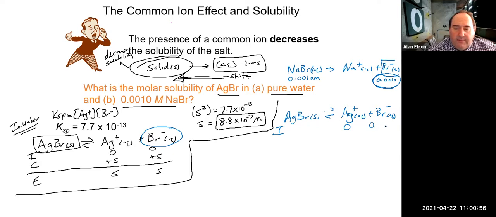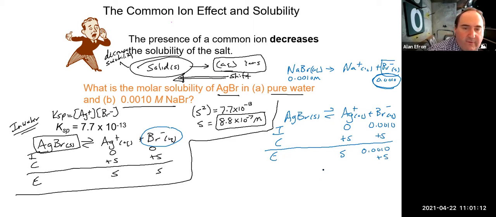It would be 0.001. The rest of the ice table will be similar, plus S, which means at equilibrium S and 0.001 plus S. Just like we've done before, we're going to put that into our expression, and that would get us S times 0.001 plus S is equal to our Ksp value of 7.7 times 10 to the minus 13.